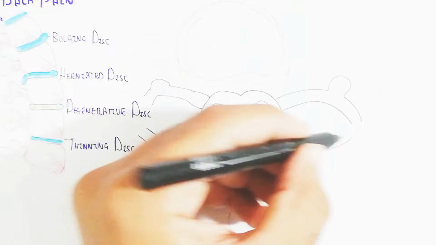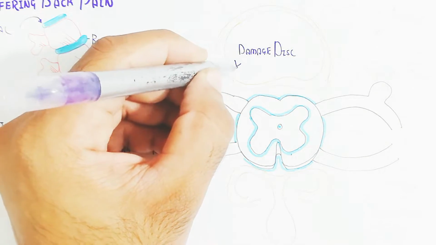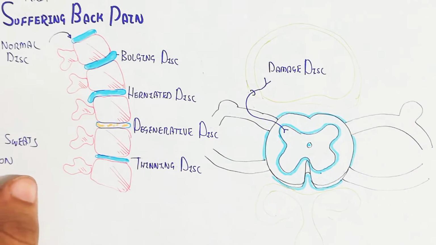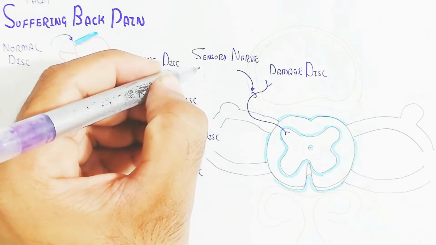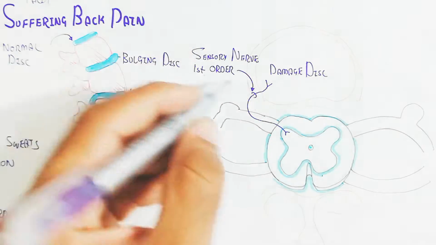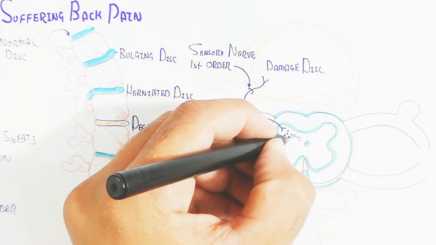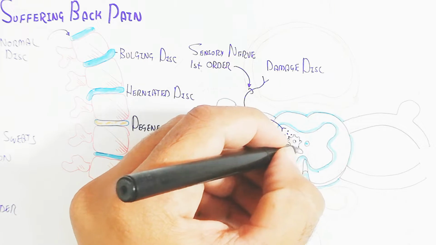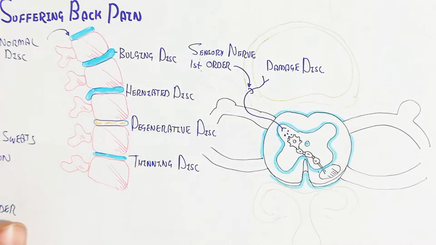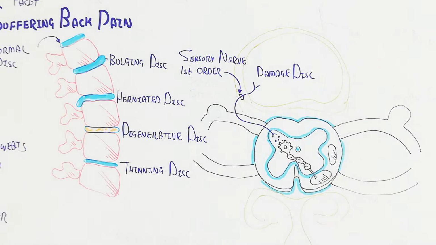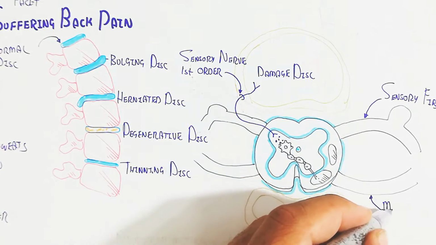Anyhow, let's begin to understand the pathway of pain, how the pain works. This is the damaged disc, which contains a sensory nerve, the first order neuron, which transmits the signal toward the dorsal horn of the gray matter in the spinal cord. The dorsal root ganglion is involved in sensing, and the interneuron goes to the spinothalamic tract.